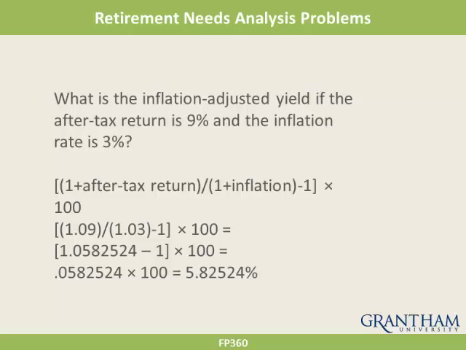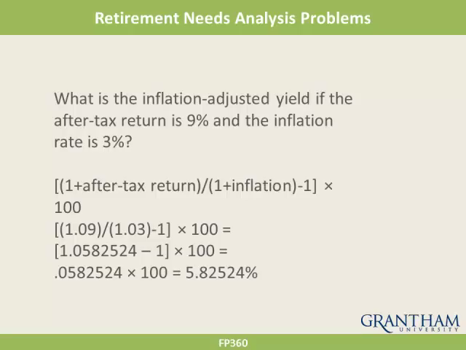plug in for the I number, which on the HP 10B2 is the I/YR button, which stands for interest per year. Here's the way the calculation works. We need to know the after-tax return, which in this example is 9%, and the rate of inflation the client wants to assume. Here it's 3%.